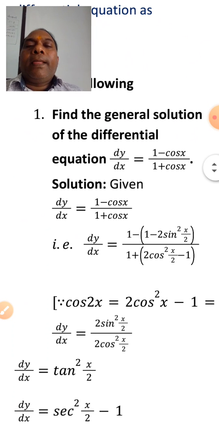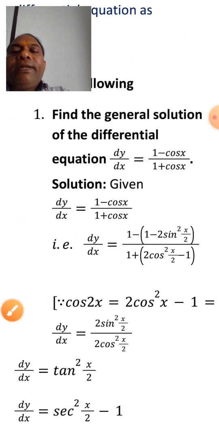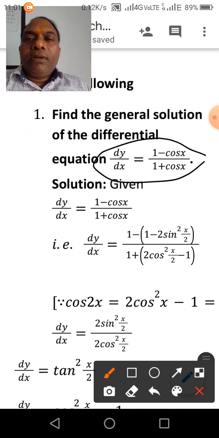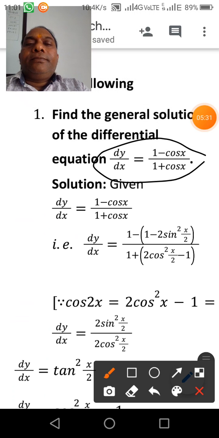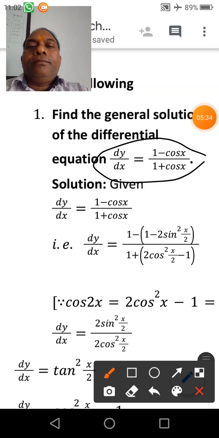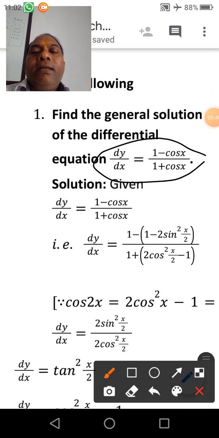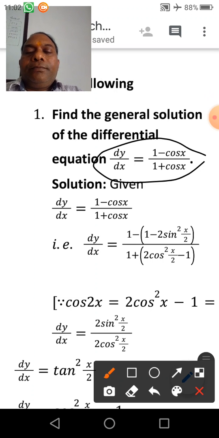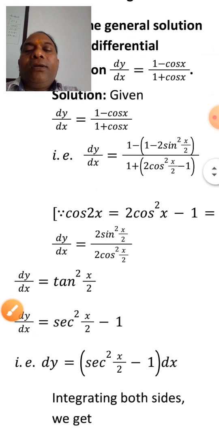Now see the question: find the general solution of the differential equation dy by dx is equal to (1 minus cos x) upon (1 plus cos x). So you have to separate the function of y with dy and the function of x with dx, then integrate on both sides.